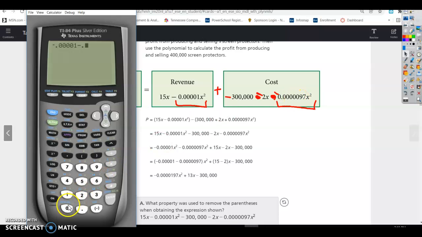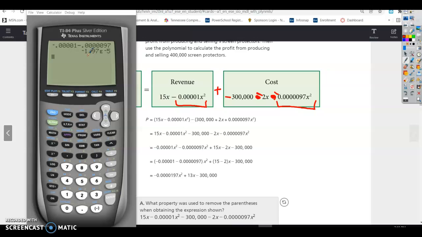Now it's very important that you get the right number of zeros, because if you don't, you will have the wrong number. All right, so when you see this E in your calculator here, I've got negative 1.97e to the negative 5th power. So that's in scientific notation.